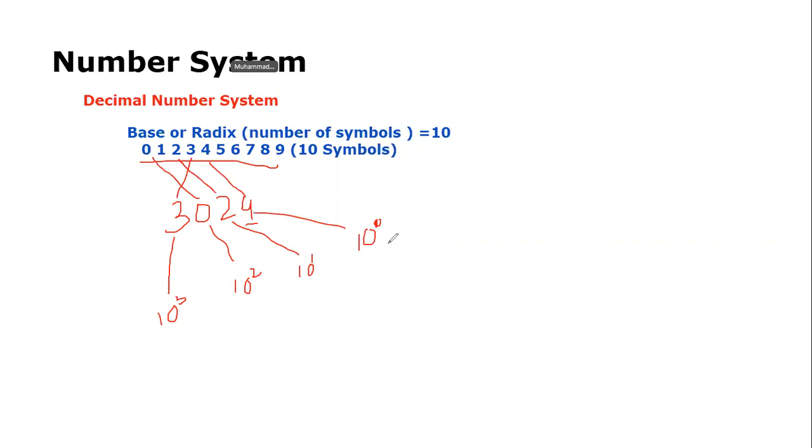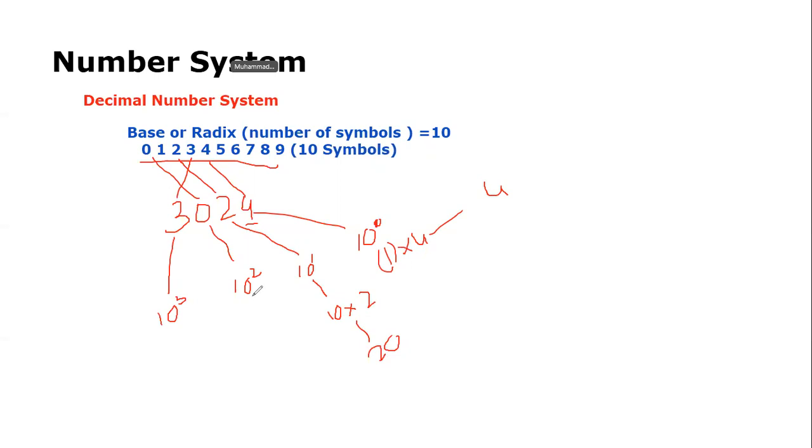So its worth is basically 10 raised to 0, which is 1, and it is being multiplied with 4. So eventually the result is 4. Then this is 10, and it is being multiplied with 2, so it is 20.